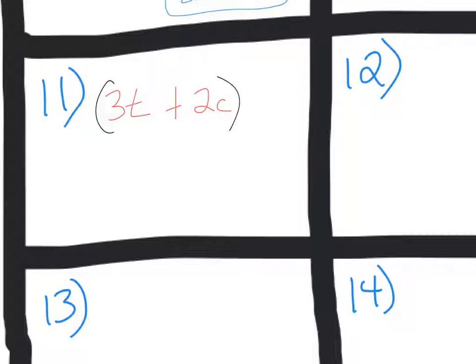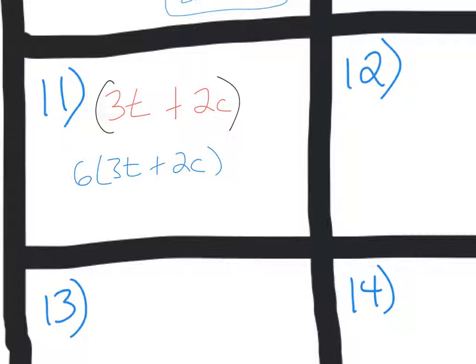Write and simplify an expression that represents the total cost of 6 box sets. So we want to buy 6 of these combo boxes or DVD sets. So that means I'm going to have to take 6 and multiply it by however much is in each combo box, each DVD set. Since there's 3 thrillers and 2 comedies, we're going to multiply that whole thing by 6.